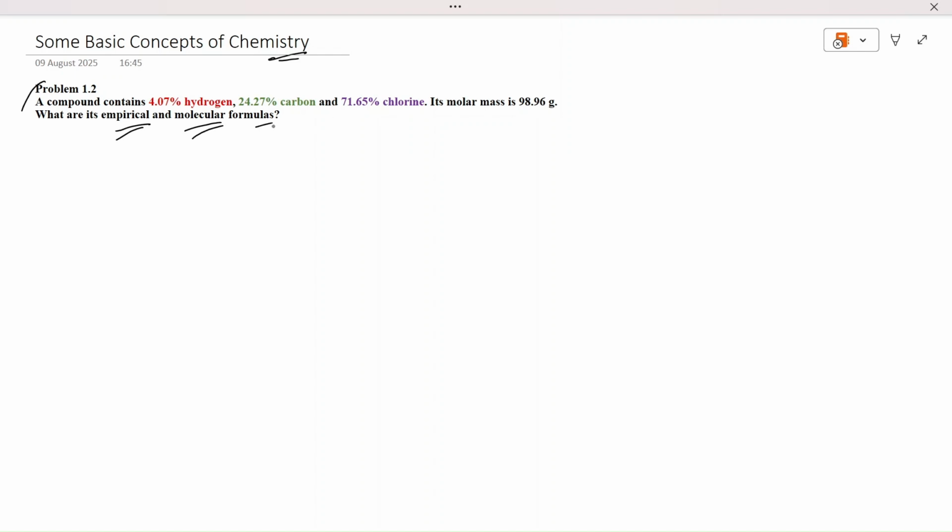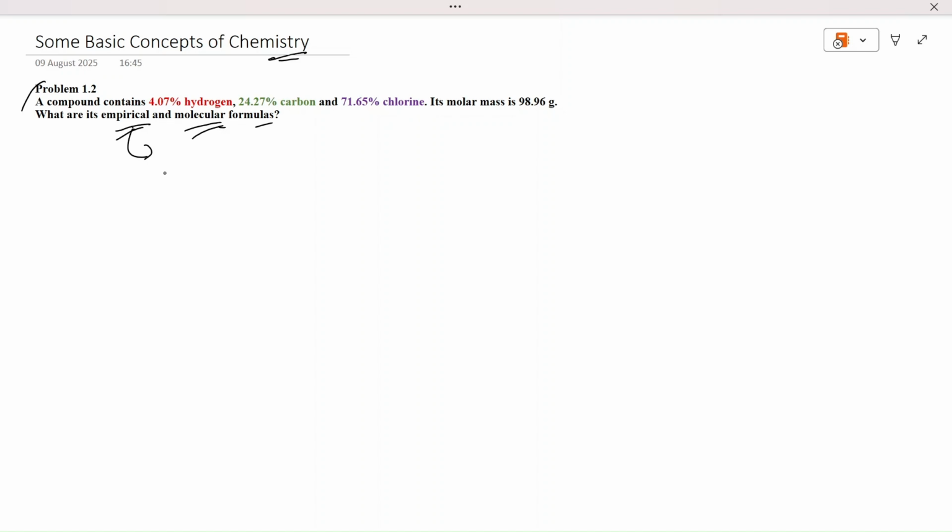So we already know what the empirical formula is. Empirical formula is the simple representation of the molecular formula, in which the elements are represented in the simplest whole number ratios.